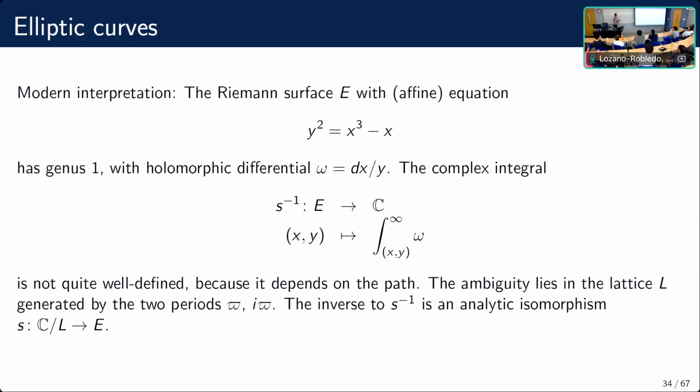What's going on here, if I might add to this picture, is that here's the complex plane. I don't know exactly what pi is, but it's somewhere there. It's a real number, and here's i times pi. Together they span this lattice.